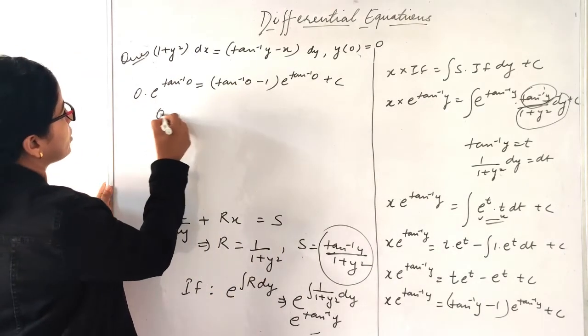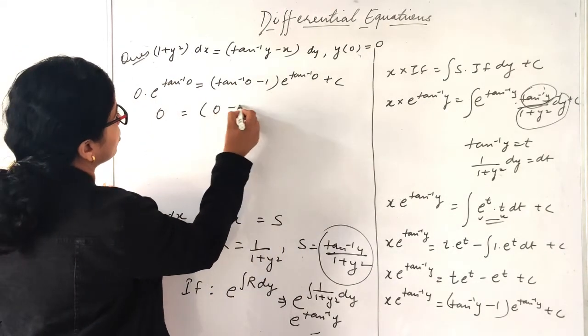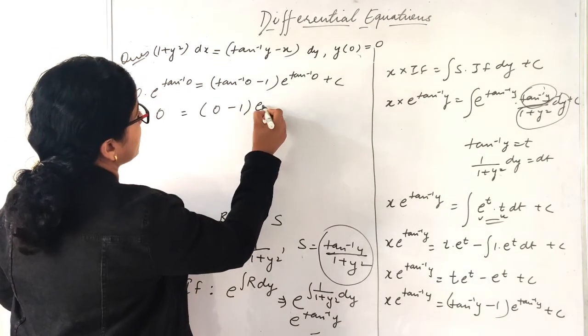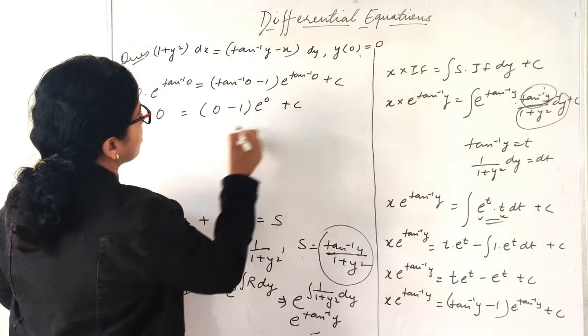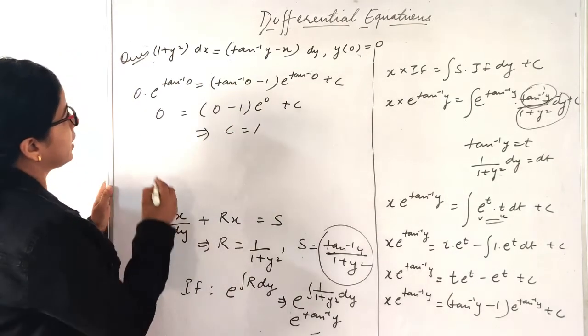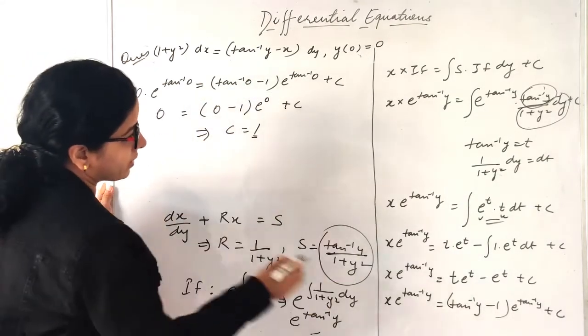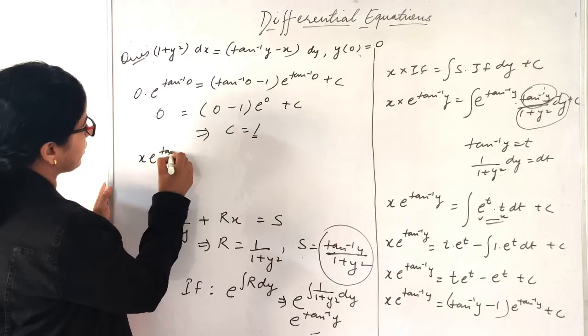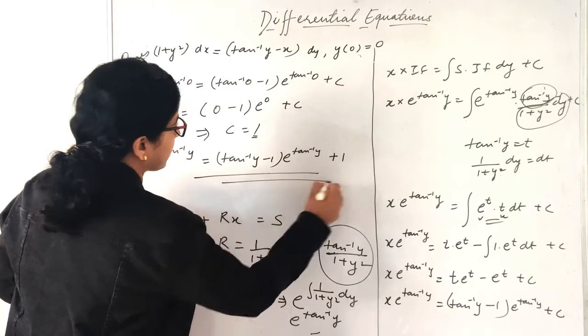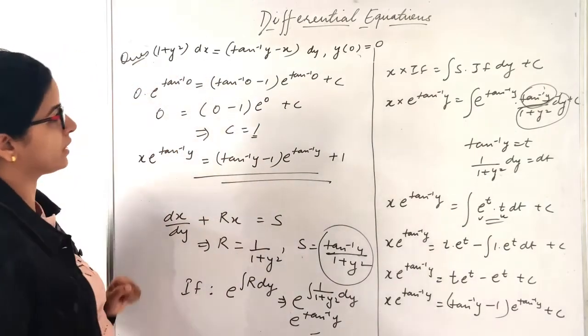So this becomes 0, tan inverse 0 is again 0, minus 1 e to the power tan inverse 0 means e to the power 0 plus c. So this implies c equals 1, right? Now let us substitute this 1 and get the solution to the given differential equation. So this is the required solution to this given differential equation.